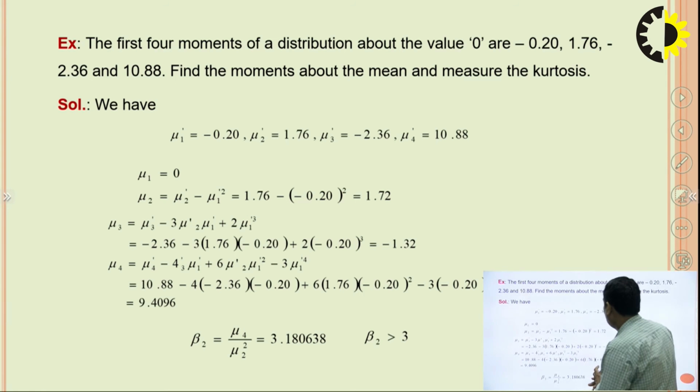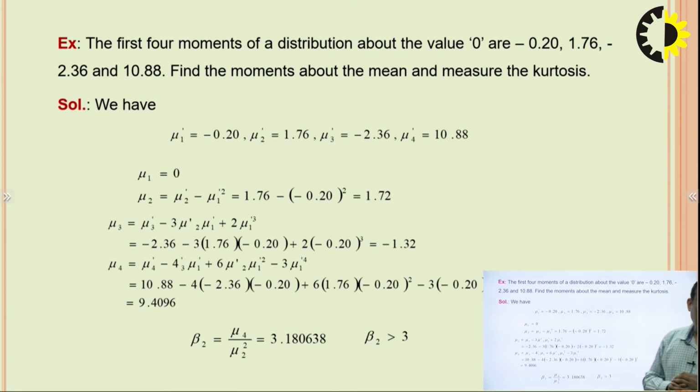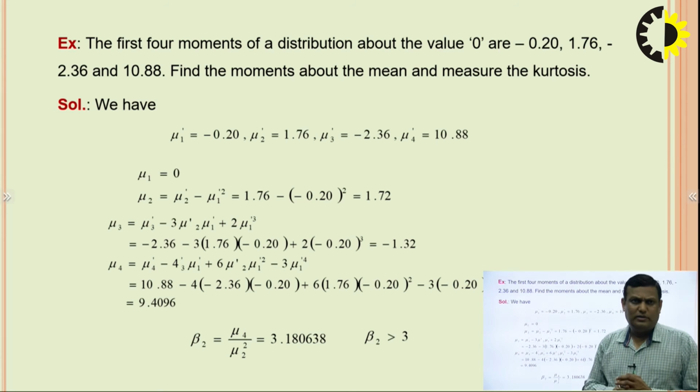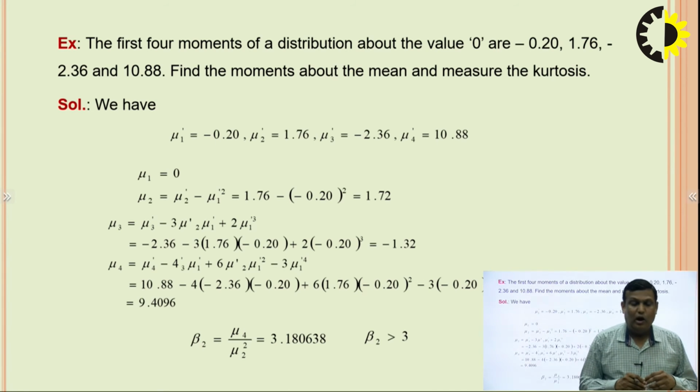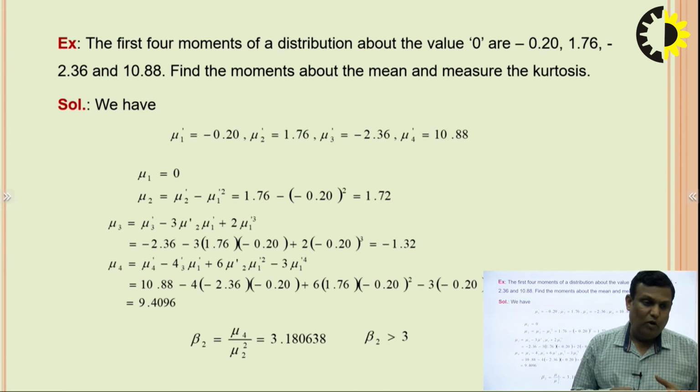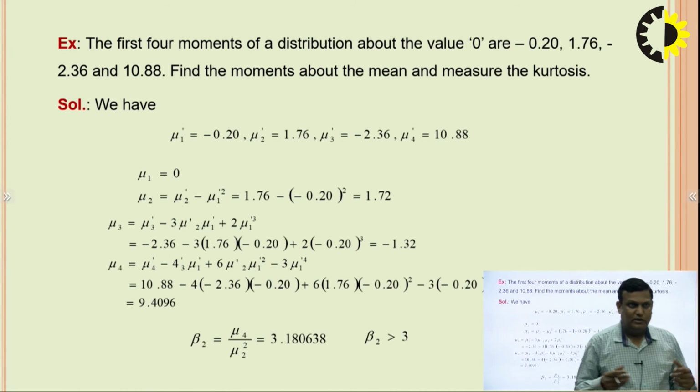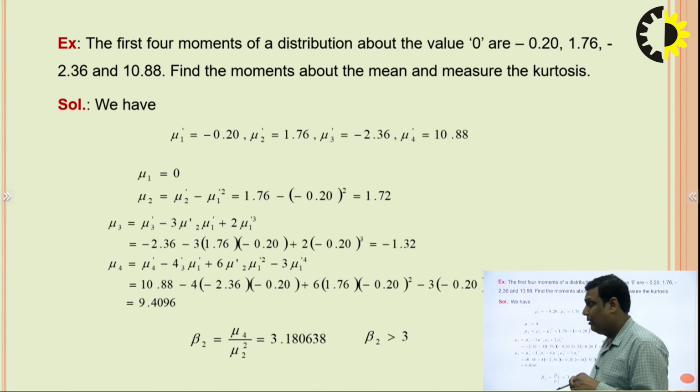Now, we have discussed skewness from a single example. That's why we have to understand what kurtosis is and how to check symmetry in terms of kurtosis. Now, let's take an example.